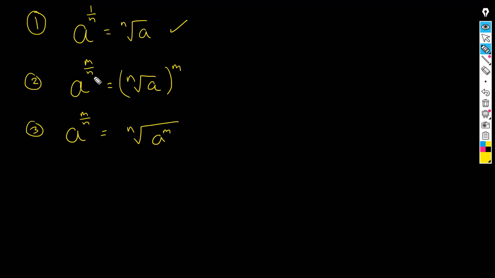So you can understand this symbol a to the m over n either in this way or in this way, both of which are exactly equivalent.